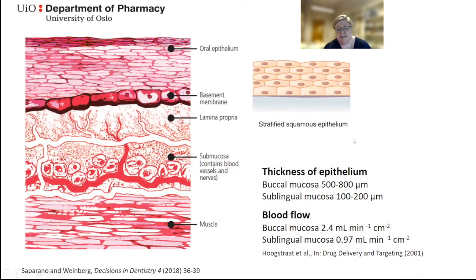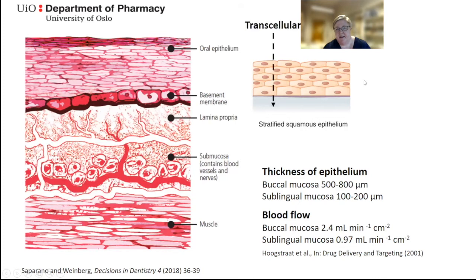So the thickness of the epithelium, there are many layers of cells. It varies how thick it is depending on where in the oral cavity we look. So the buccal mucosa is thicker than the sublingual mucosa.